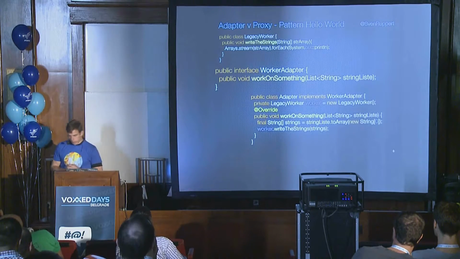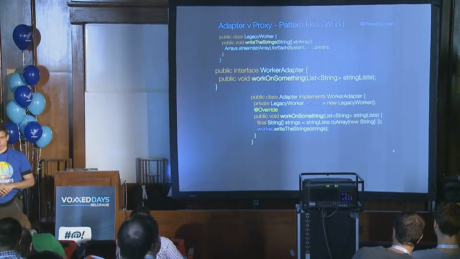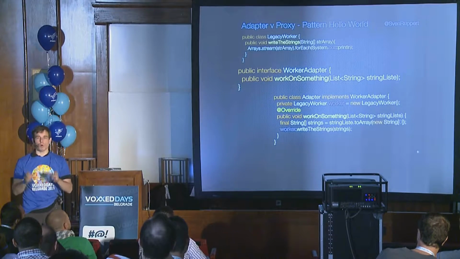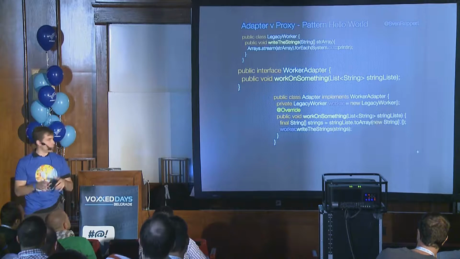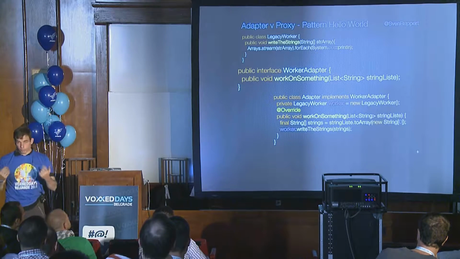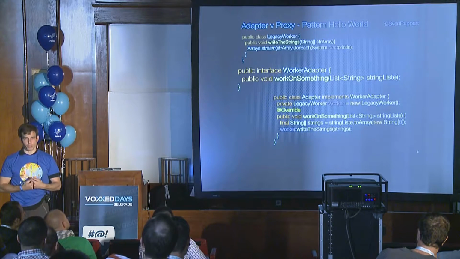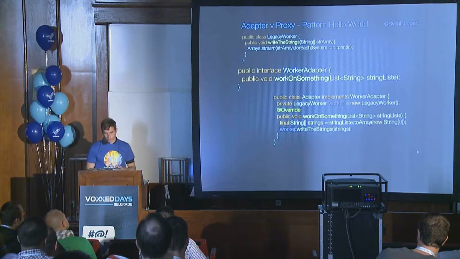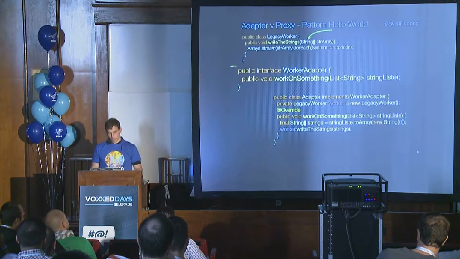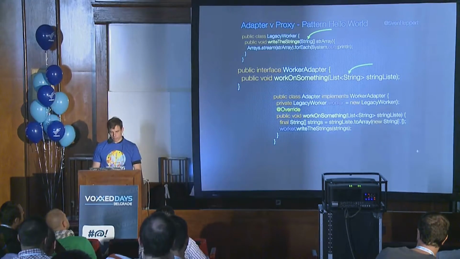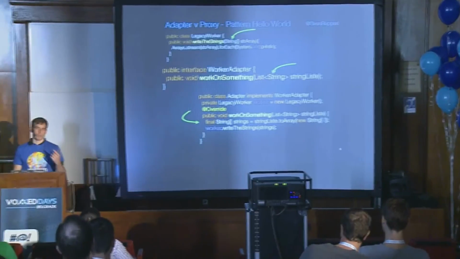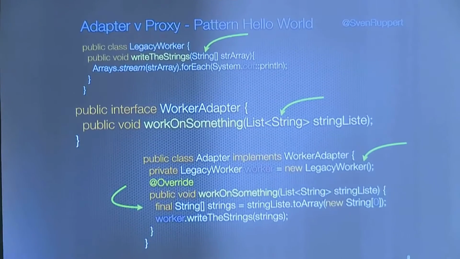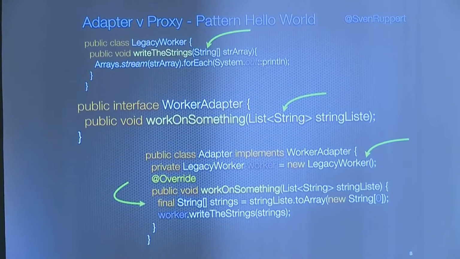But this adapter is not inside the inheritance, because if it were, you would have both method signatures, and with an adapter you only want the new one, so that you're using the new one. And this is one of the biggest differences from a proxy. A proxy is inside your inheritance, because it is a replacement. An adapter is an additional thing. So this is the old one you don't want to use, this is the new one you want to have, and you have only the transformation code inside. The most important thing is that you mostly create the instance of the delegator at the same time you create the adapter.